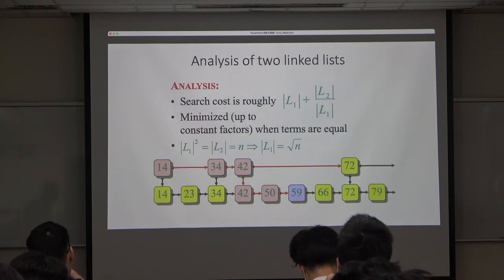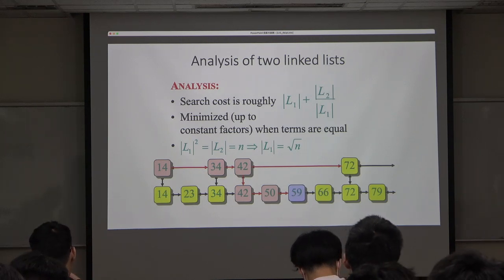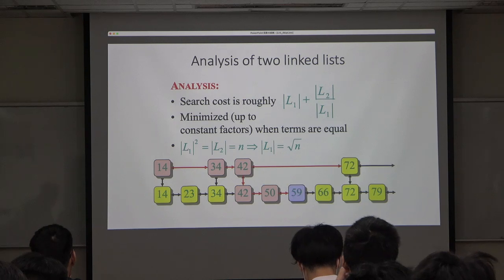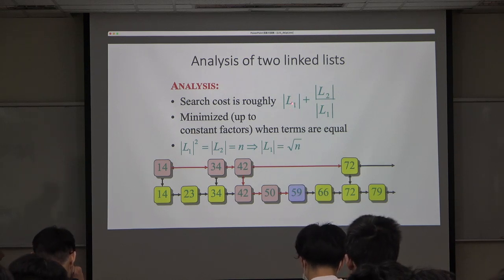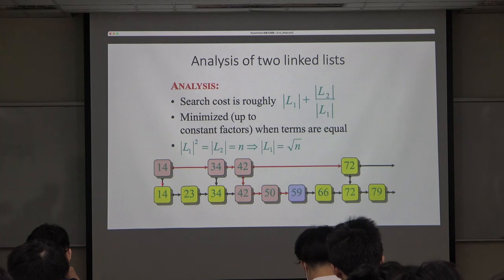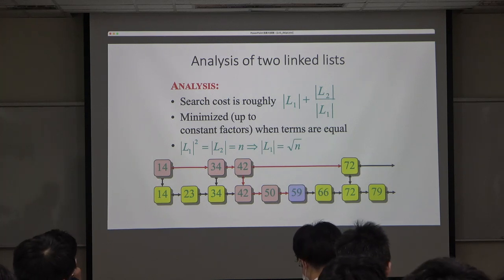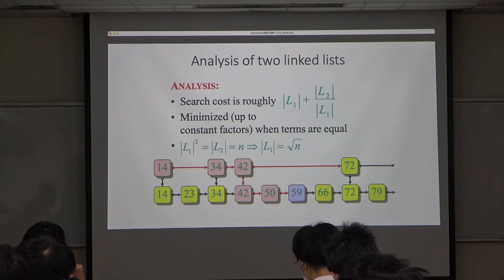Let's consider the search cost. The search cost is roughly the size of L1 plus the size of L2 divided by the size of L1. Why is it L1? L1 is the top one. Because you first do a linear search on L1 until you find that the next station goes too far.